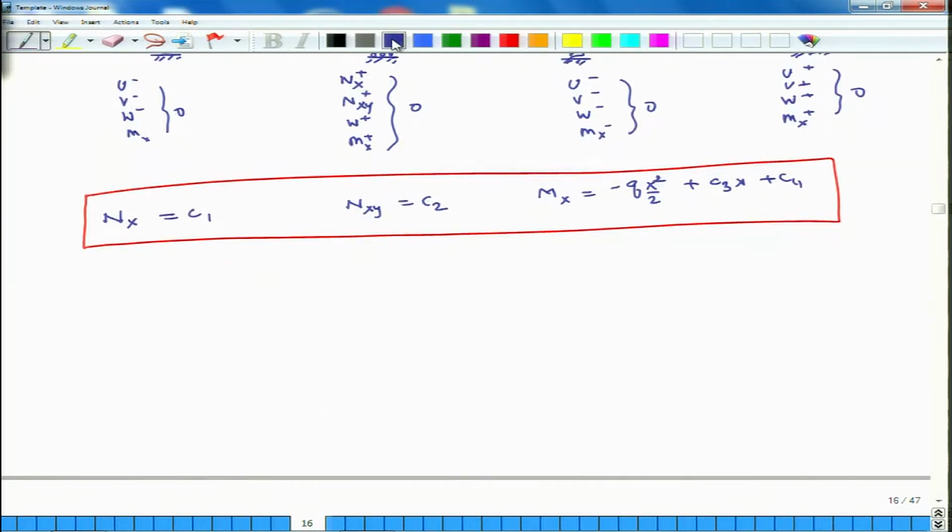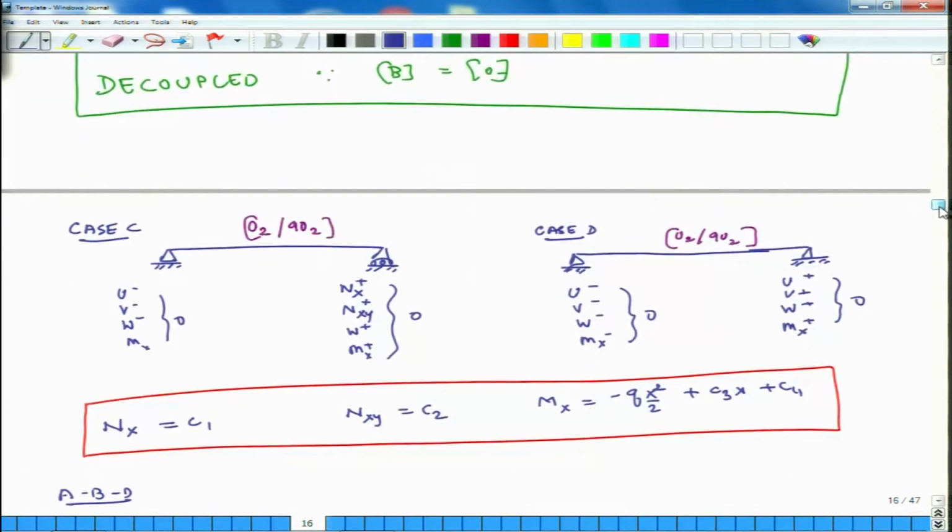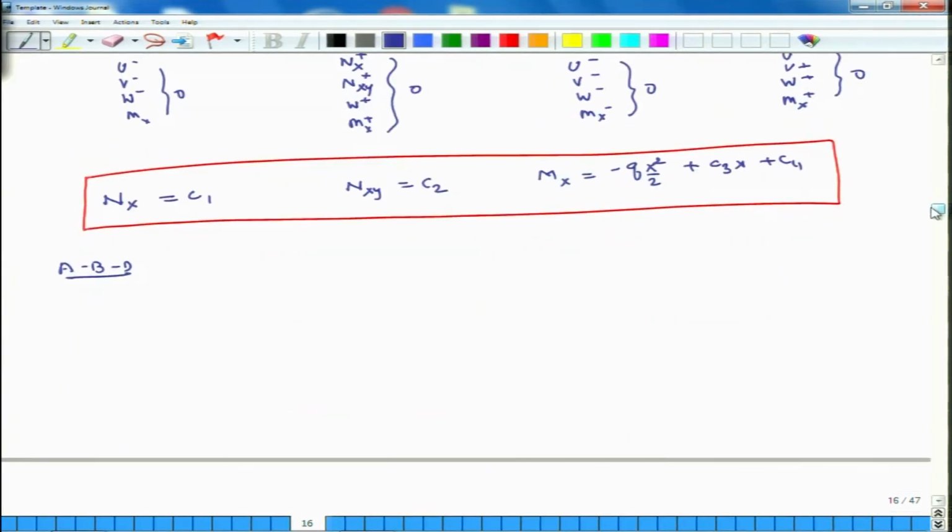Next, we have to be now more careful when we are doing this problem. So, let us look at ABD relations, ABD matrices. Now, in this system, all the layers are either 0 degrees or 90 degrees. So, it is a cross ply laminate. Okay, it is a cross ply laminate.